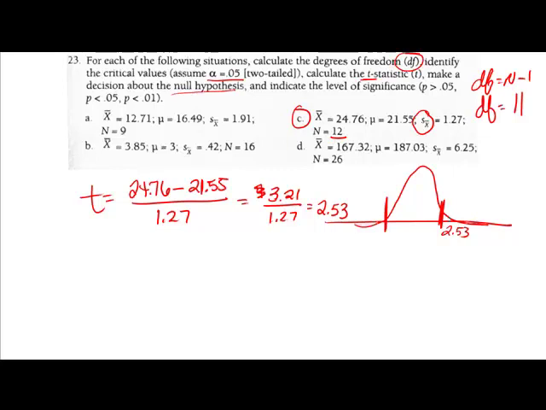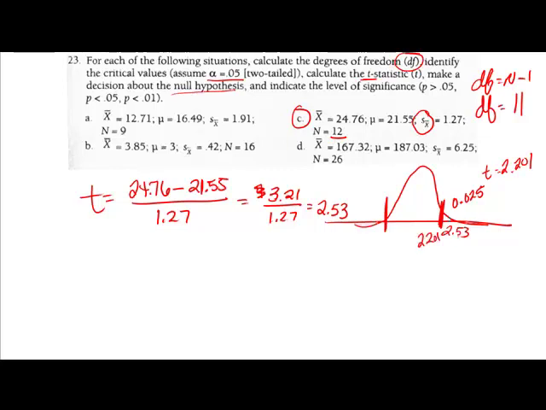And I'm going to go over to the column that has 0.025, because I want that much in each of the tails. When I look that up, I get a t-score of 2.201.